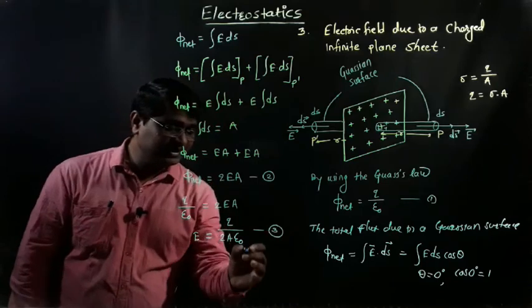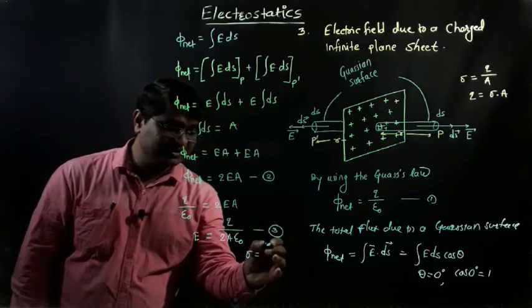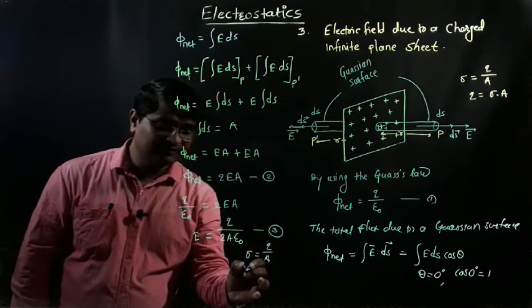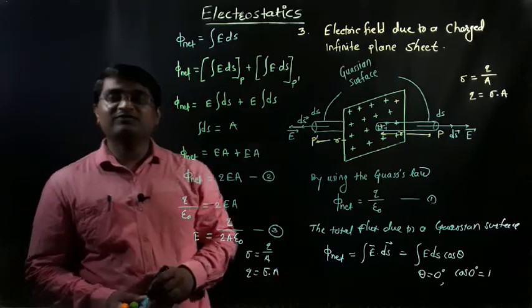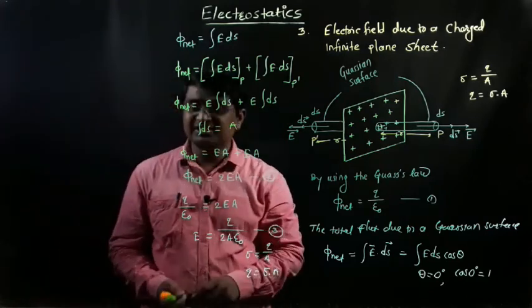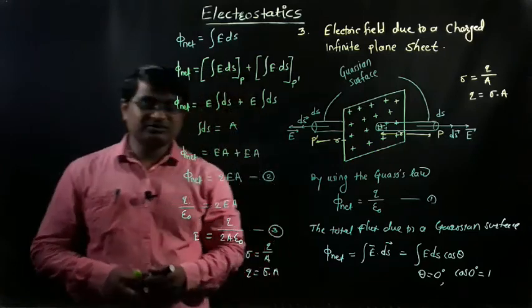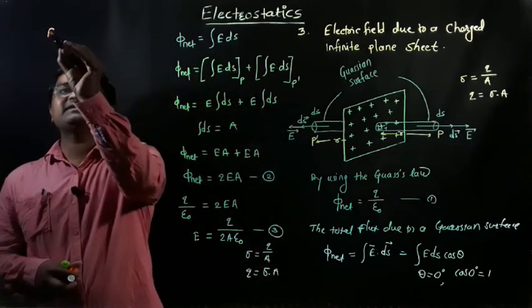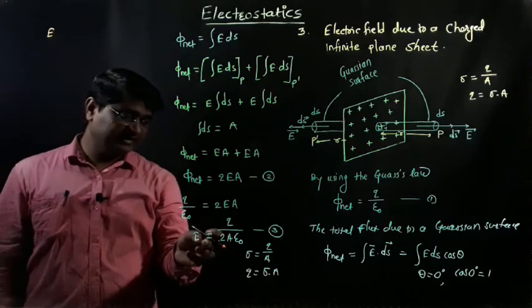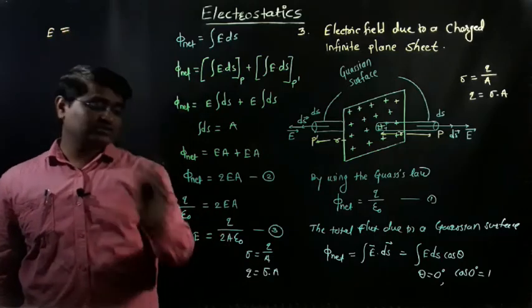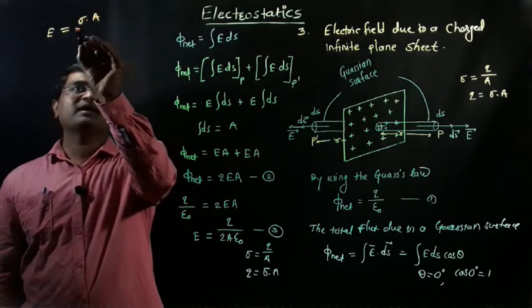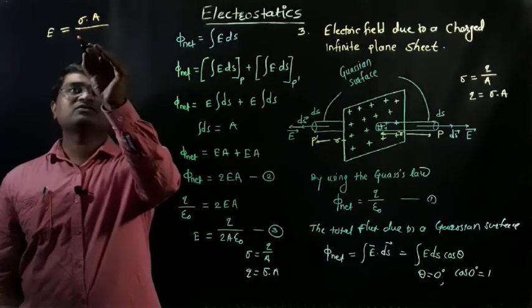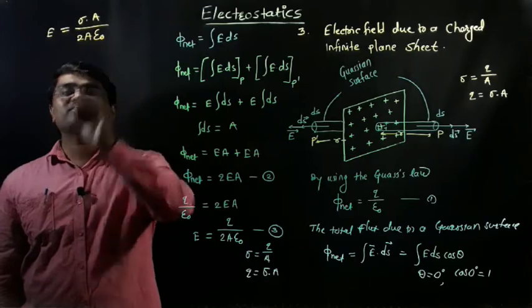But actually we know that according to the surface charge density, sigma is equal to Q upon A, so Q is equal to sigma into A. Put this value of Q, the charge, in equation number 3. So we get the electric field intensity E equal to sigma into A divided by 2A into epsilon naught.